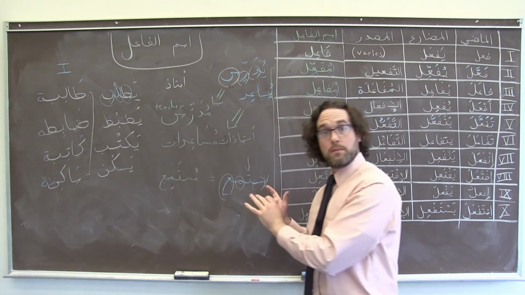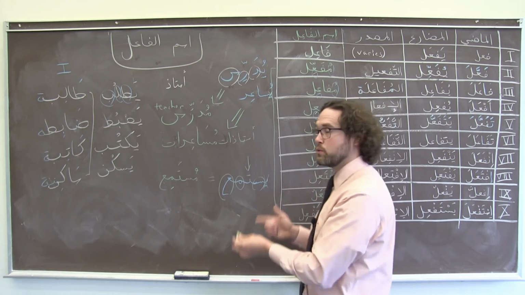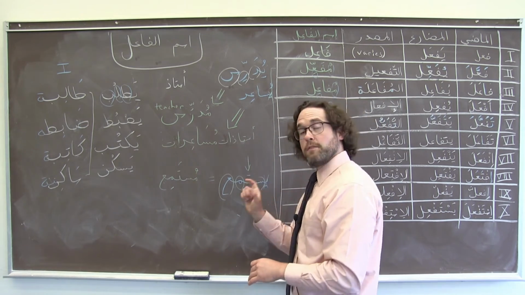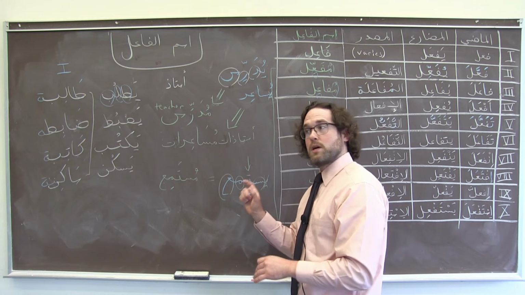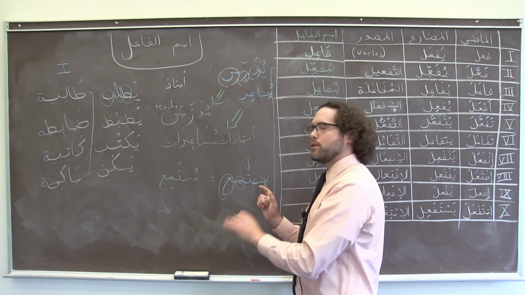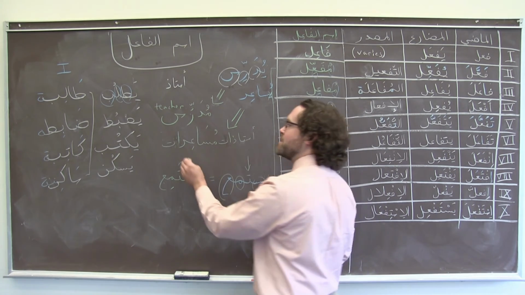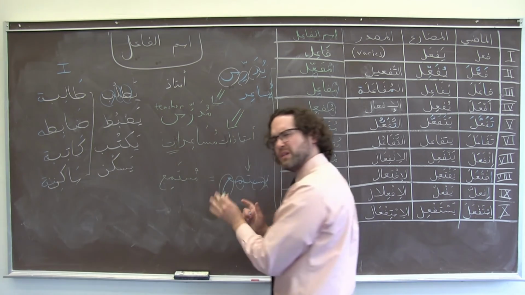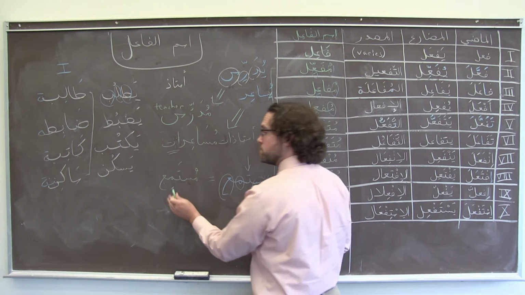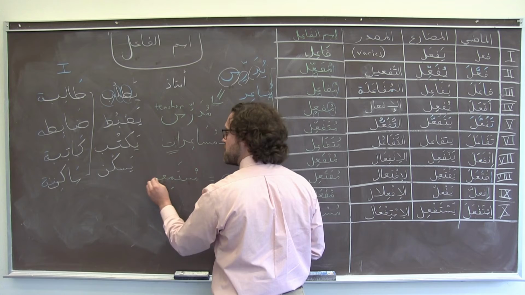Again, because they're human, I'm using the sound plural. If they were non-human plurals that were feminine with ta marbuta, or if they were non-human plurals that weren't feminine, I could get away with having the adjective look as though it were singular feminine. So for listeners here, I could just say مستمعون.